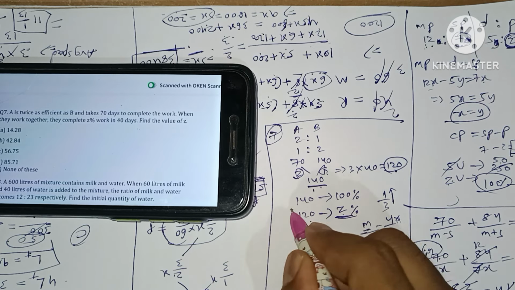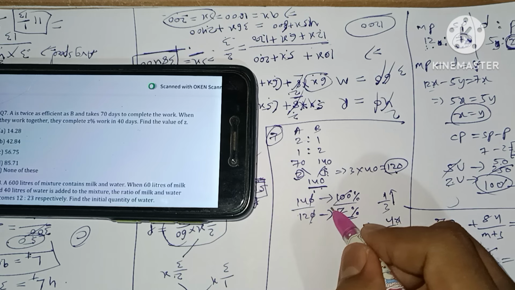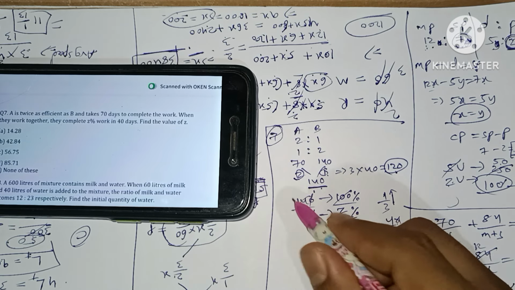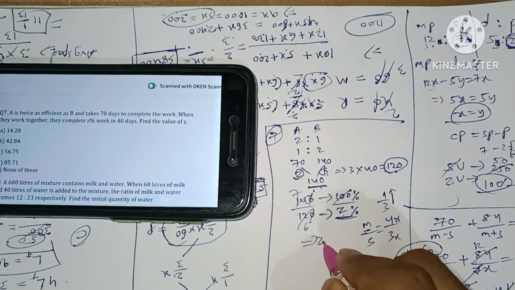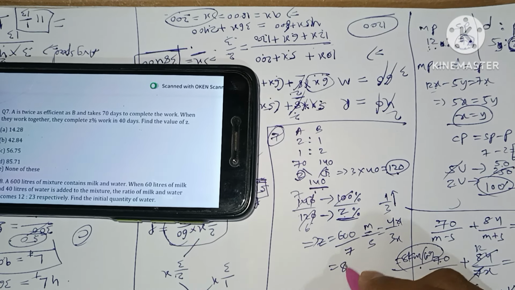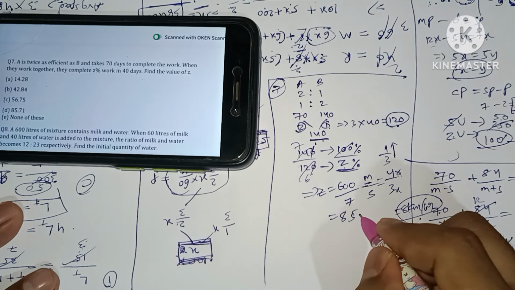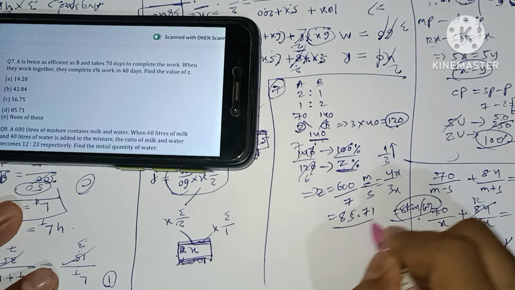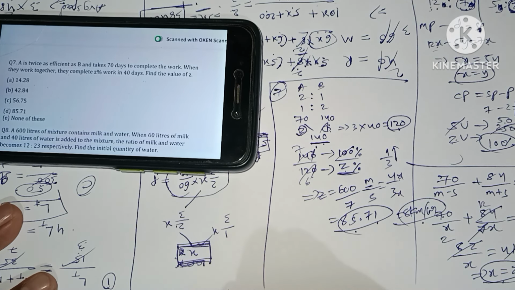To find the Z value we need to divide everything. 600 divided by Z equals 600 divided by 7. So the answer we get is 85.71. Option D is our answer.